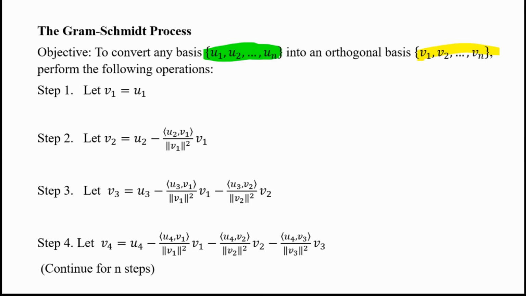So let V1, this is what I'm looking for. Here we're given this, and then we want to find these guys. The first thing is to let V1, which is what I'm looking for, be the first vector in the given basis.